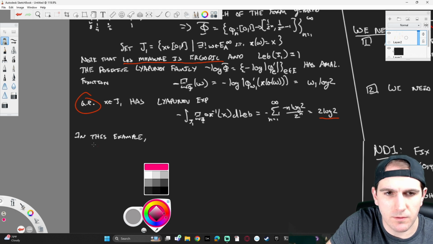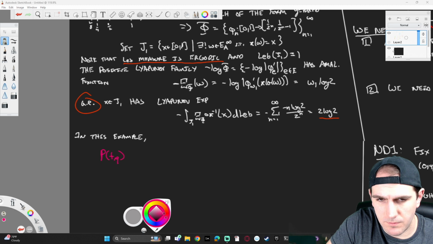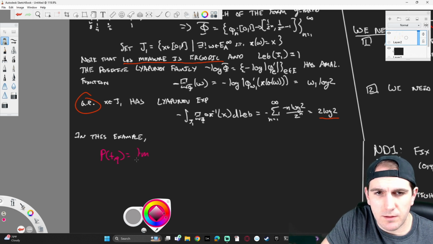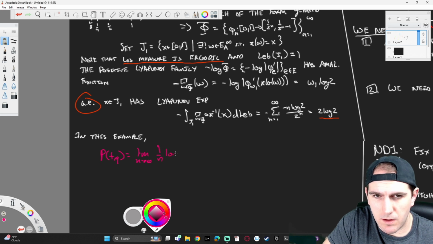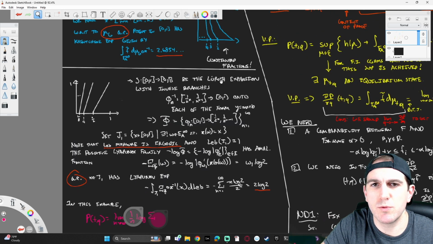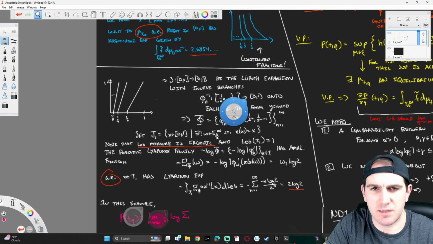The pressure is going to be equal to the limit as n goes to infinity of 1 over n log of some sum. Did I put my logs in the right places? This is the one thing that people screw up when we do pressure. Yeah, I did logs. Okay, cool.